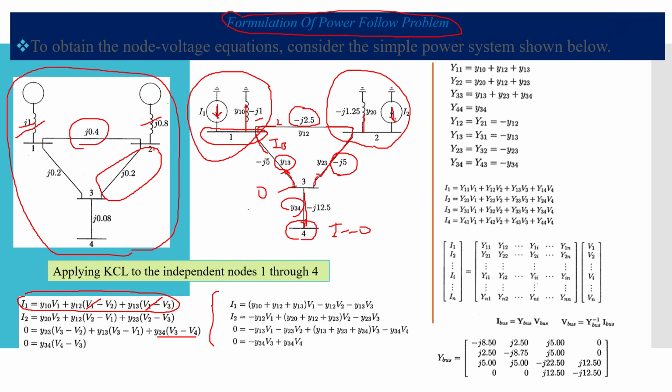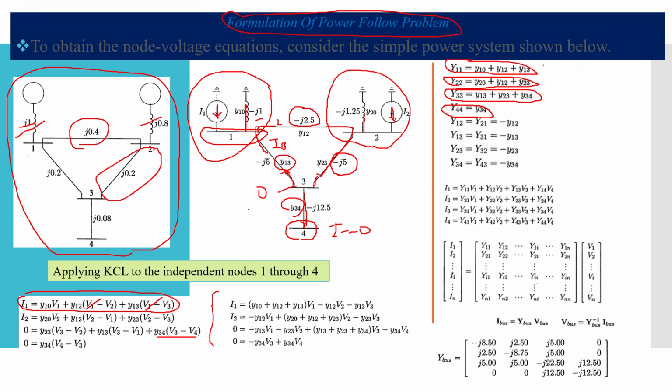So if we rearrange the same parameters like V1, V2 and take the common multiplication, we come to this simplification. For example, what we call the diagonal matrix elements are obtained as the sum of all admittances connected to that bus. Y11 is the summation of all admittances connected to bus 1, Y22 is the summation of all admittances connected to bus 2, Y33 is the summation of all admittances connected to bus 3, and Y44 is the summation of all admittances connected to bus 4.